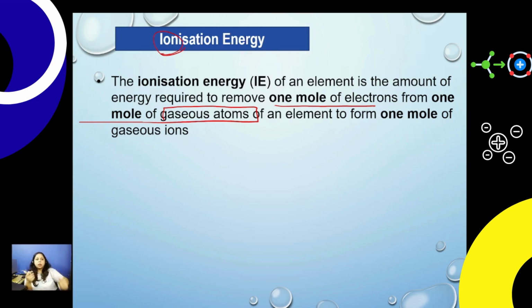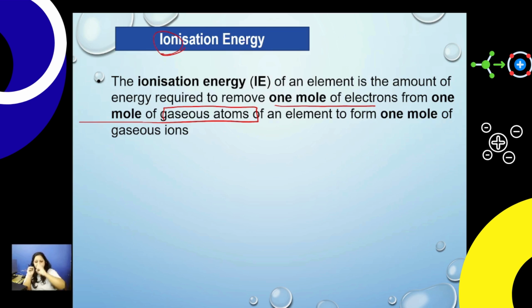For example, if we take HCl and H2, the bonding in HCl is quite stronger as compared to H2. So we cannot calculate the ionization energy of hydrogen in the bonded form. That's why we need to take a gaseous atom, not a molecule, a gaseous atom of hydrogen.